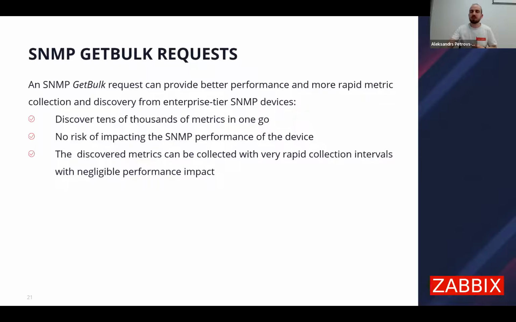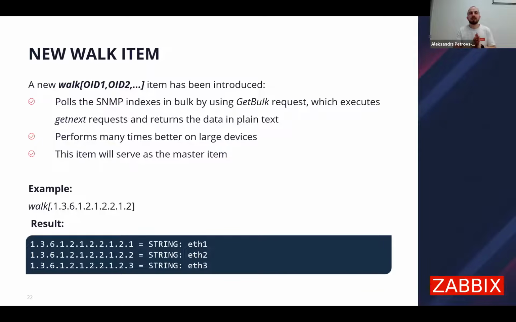So what is this new item? This new item is the walk item, which polls the SNMP indexes by using get bulk request, which again tries to get as much data as possible by executing get next request, and then returns the data in plain text.